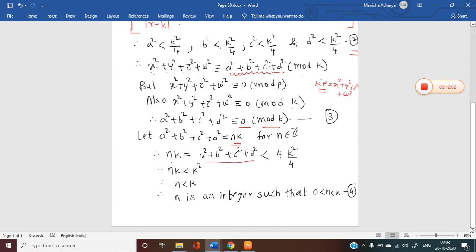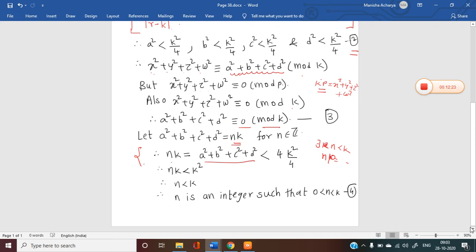Now students, we have to obtain the result that there exists some integer n which is less than k, so that np can also be expressed as a sum of 4 squares. So we are going to make use of this equation over here.